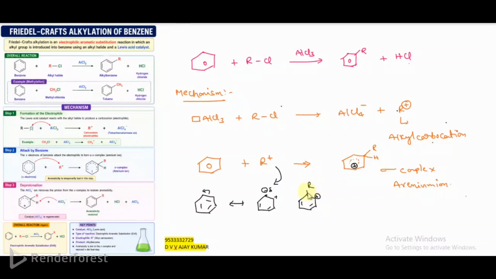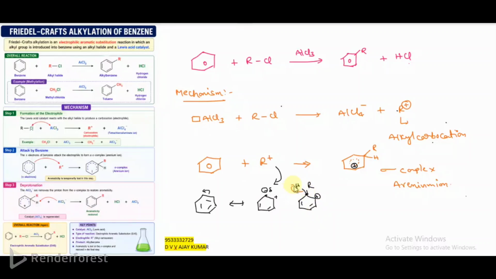Now one of the hydrogens also exists at this carbon. That hydrogen is removed as a proton, and the resonance is completed again.